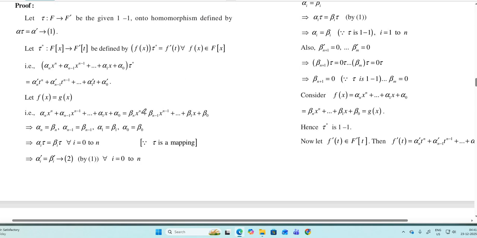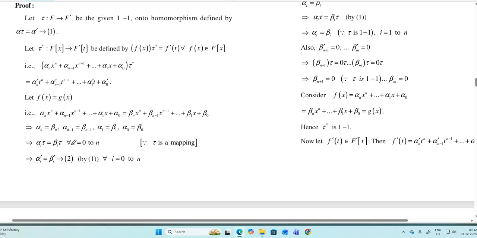You take f of x as this and g of x as this. Then we know that the equality of polynomials means we have to equate the corresponding coefficients of like powers. So you have alpha n equal to beta n and so on, alpha naught equal to beta naught.